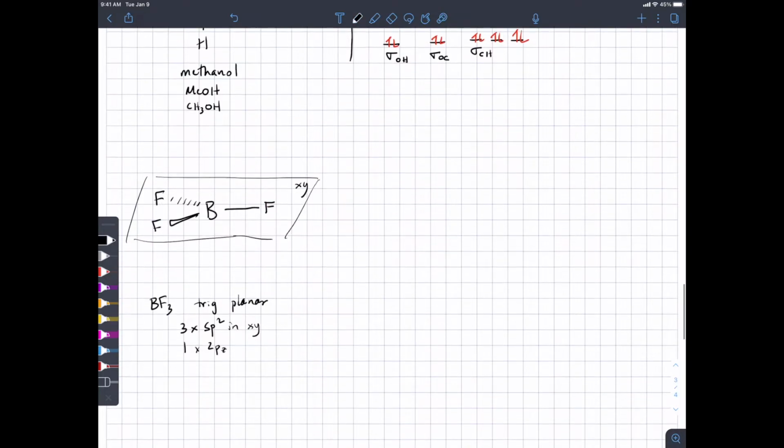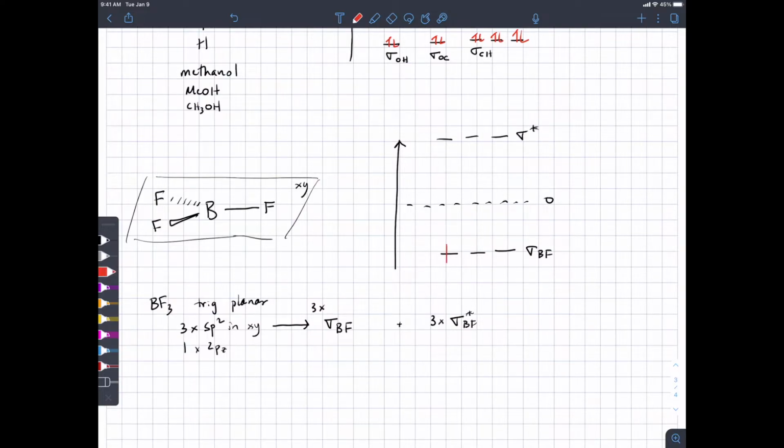So what I'm saying is each of the 3 sp2 orbitals are going to become a boron-fluorine bonding orbital. And then I'm also going to have 3 antibonding orbitals, right? So for each sigma bonding orbital, here is our break-even 0 point. Here are my 3 boron-fluorine bonding orbitals. Here are the corresponding antibonding orbitals. And those bonds are full of electrons.